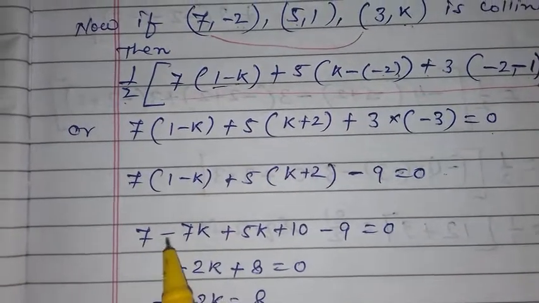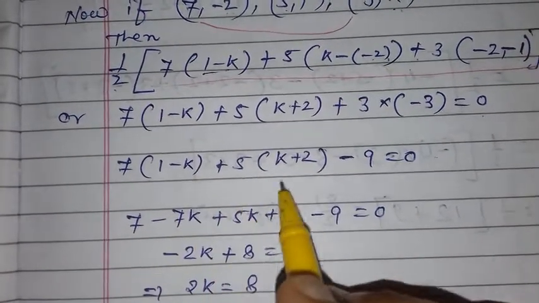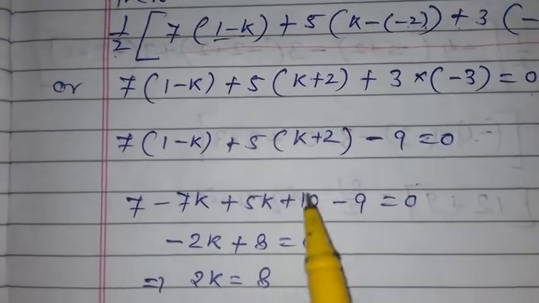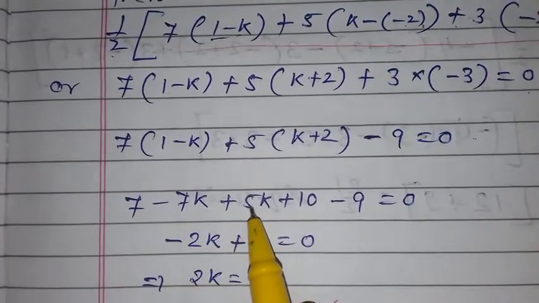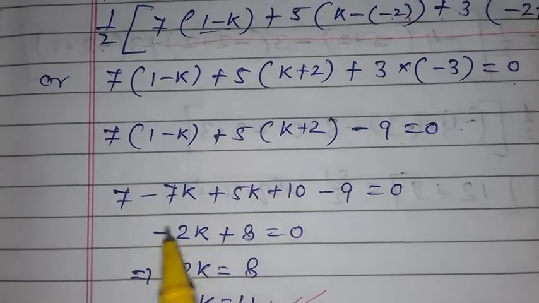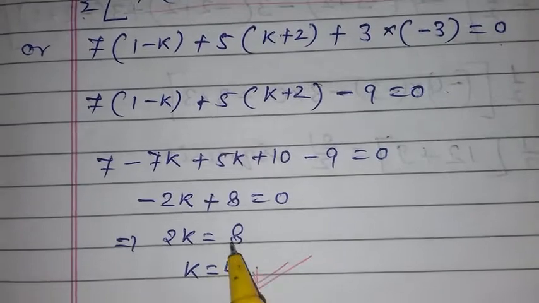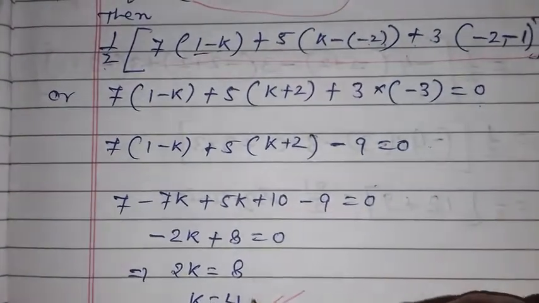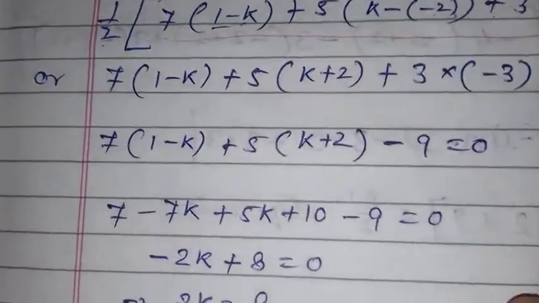Expanding this, 7 minus 7k plus 5k plus 10 minus 9 is equal to 0. Minus 7k plus 5k is minus 2k, and 10 minus 9 is 1, 1 plus 7 is 8. So minus 2k plus 8 is equal to 0, 2k is equal to 8, k is equal to 4. So the value of k is found to be 4.